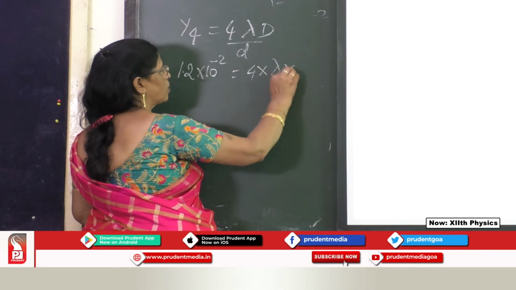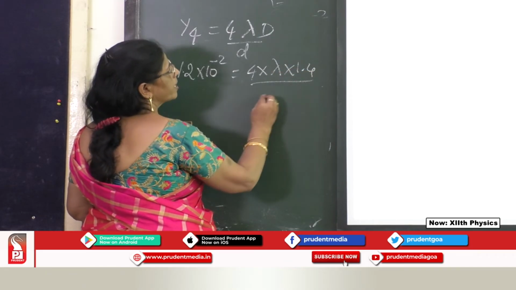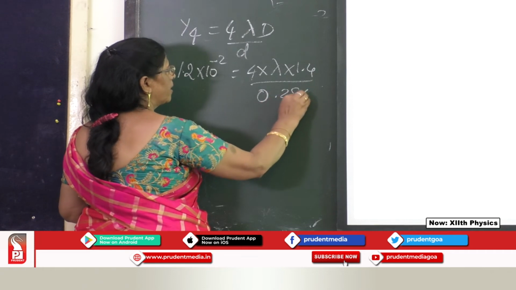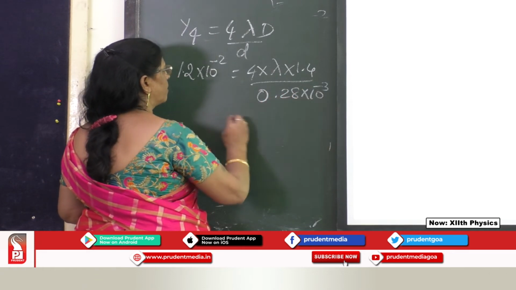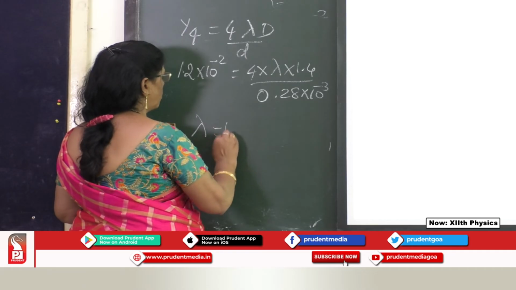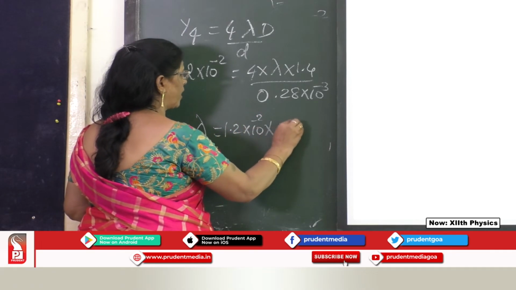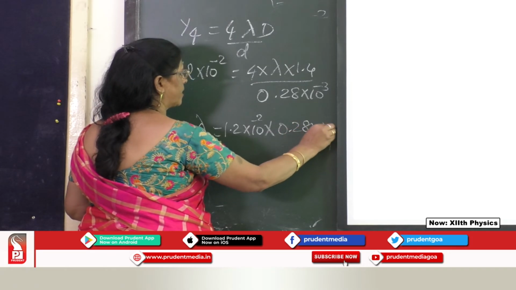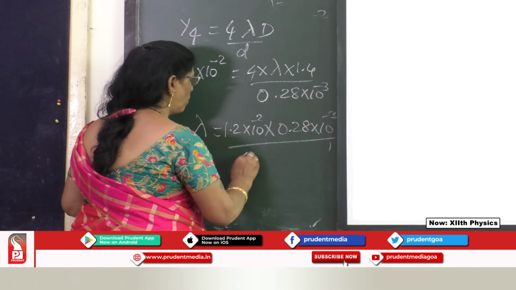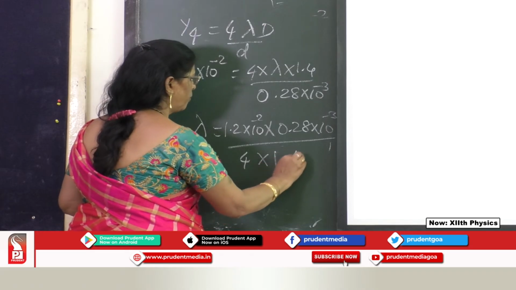Capital D is given as 1.4, small d is given as 0.28 into 10 raised to minus 3. So what is the value for lambda? Lambda equals 1.2 into 10 raised to minus 2 into 0.28 into 10 raised to minus 3 upon 4 into 1.4.